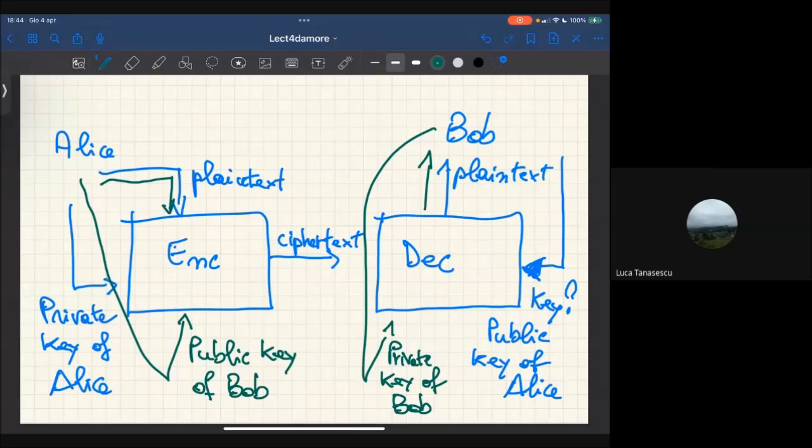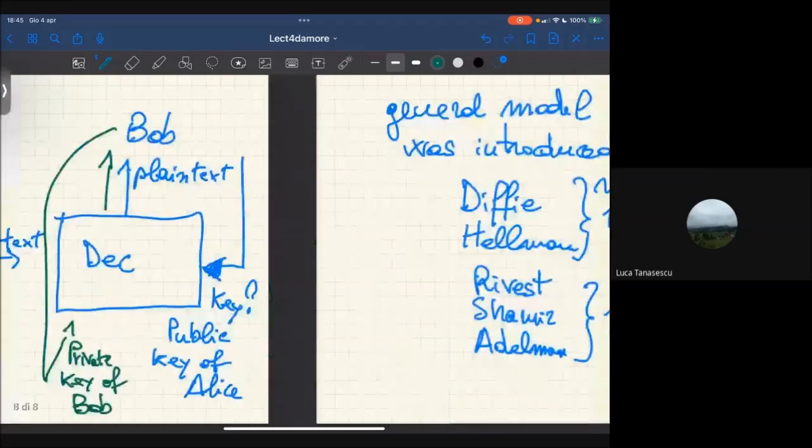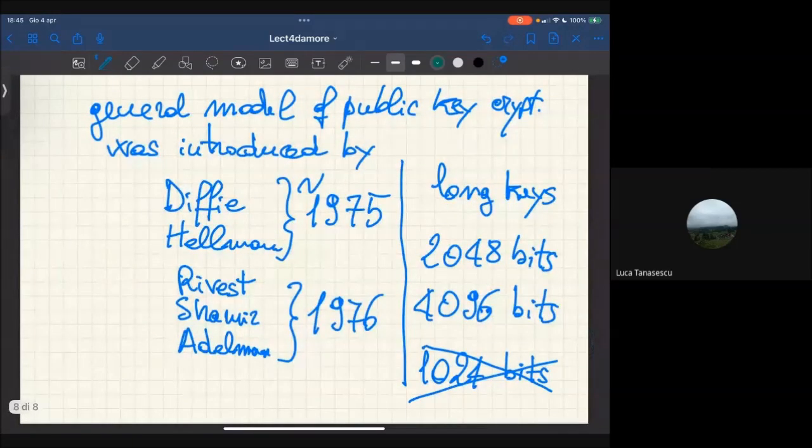Okay. And I assume that all of you have understood the meaning of encrypting by one key, private or public, and decrypting by using the other key. I told you that Rivest, Shamir, Adleman, later, were able to produce a pair of keys having these properties.